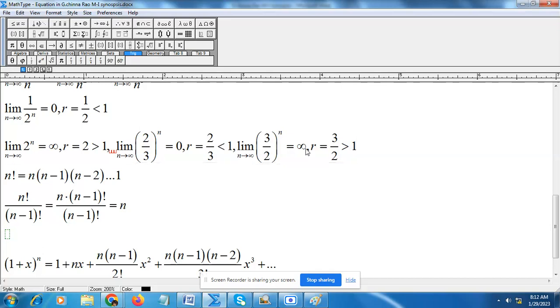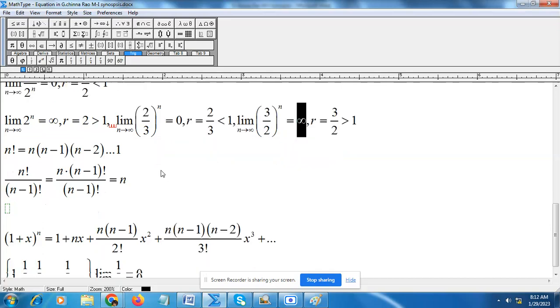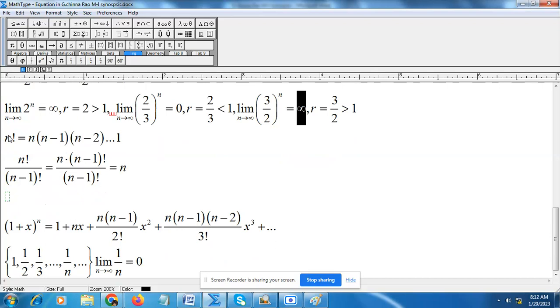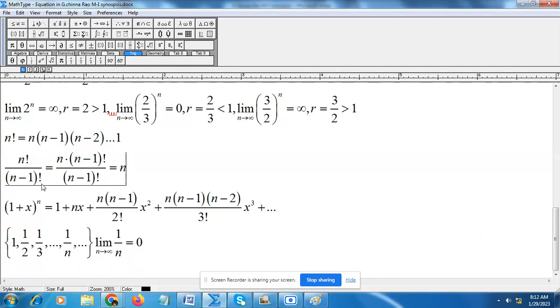So that we write its limit as infinite. And also remember that n factorial is n into n minus 1, n minus 2, so on 1. So n factorial by n minus 1 factorial is n into n minus 1 factorial by n minus 1 factorial.